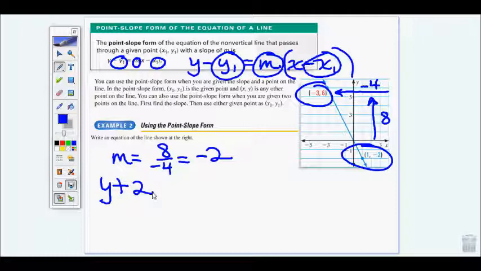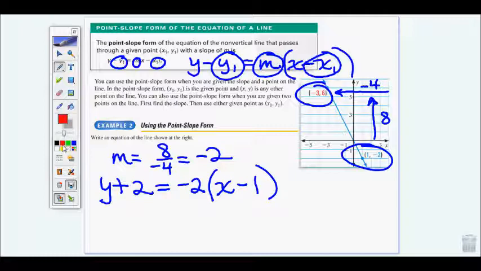So even though the formula says y minus, make sure you're using your integer rule. Y minus a negative changes to y plus. All right? Put in your slope. X stays the same, minus the x value, which is 1. So it's going to say x minus 1 on that side. Everybody understanding that? All right, let's go.